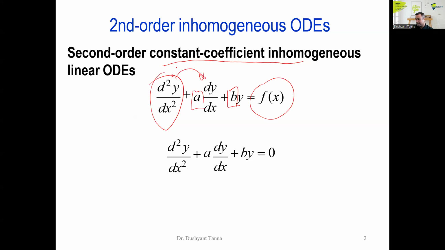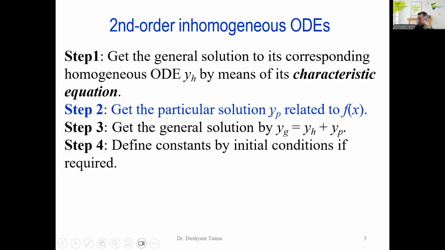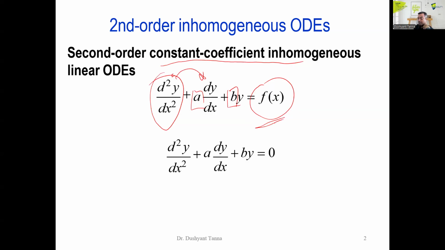You won't have something like that. Ordinary differential equation, so there is no term called the partial differential equation here. So when the right hand side is some function of x, that's called inhomogeneous. But when it's made equal to 0, we call it the corresponding homogeneous differential equation.